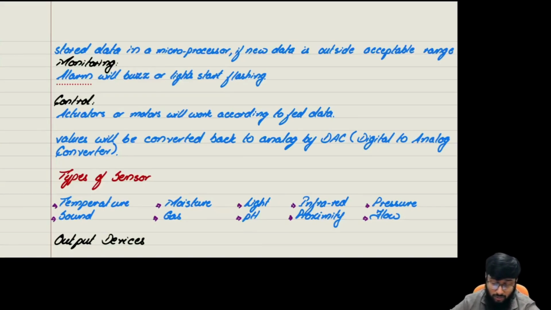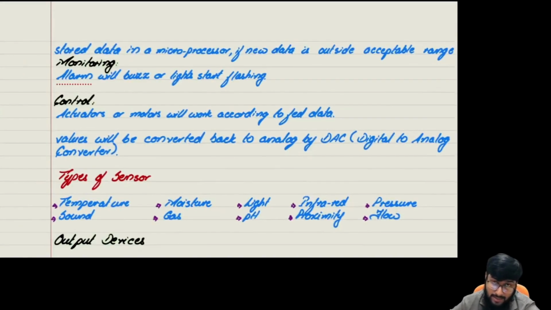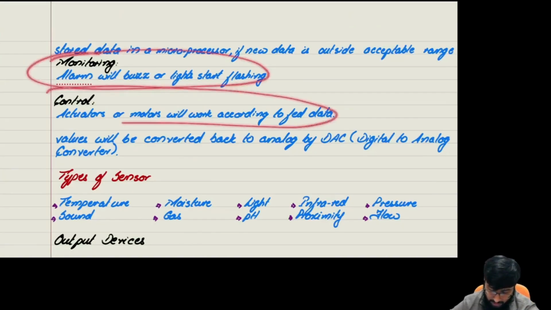As I just told you, there are two scenarios, monitoring and control. If this is a monitoring system, the alarm will buzz or the lights will start flashing. But if it's a control system, the actuator, as an output device, or a motor, will work according to the fed data, or the given instructions. For monitoring only this point will be included, and for control only that point will be included.